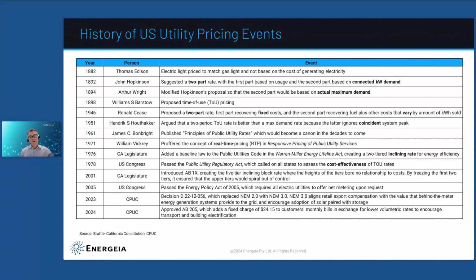So, in summary, there's been largely a theoretical set of innovations in the 1800s and 1900s, followed by, probably fair to say, more political interventions to try and use rates to achieve policy ambitions.